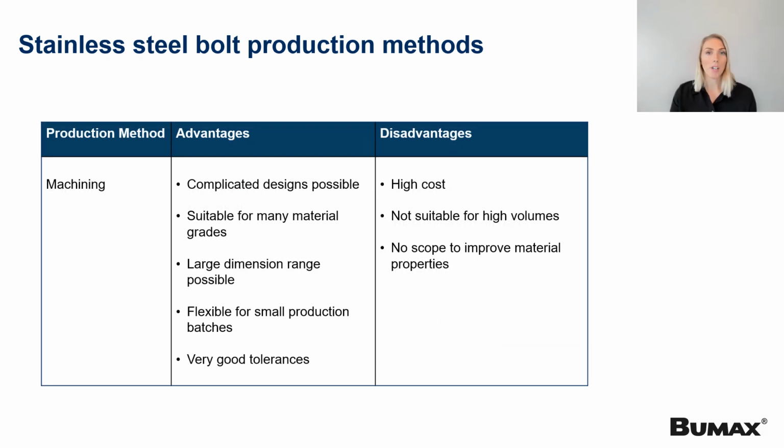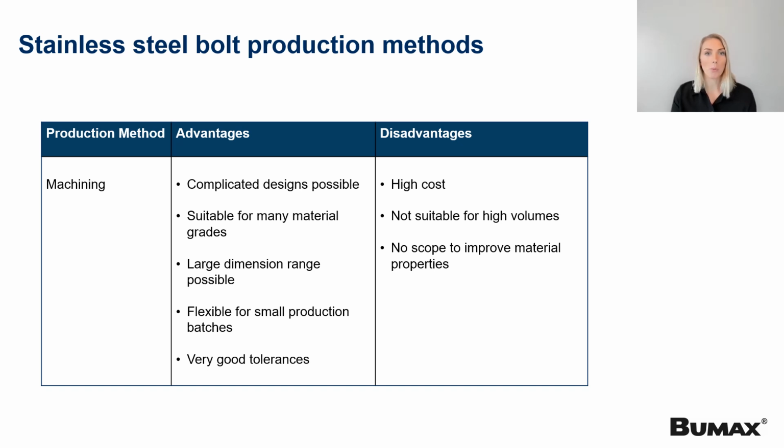Machining is a prototyping and manufacturing process that creates the desired shape by removing unwanted material from a larger piece of steel. This manufacturing method makes it possible to produce complex designs in different materials and sizes. It's ideal for sample production when small batches are required.